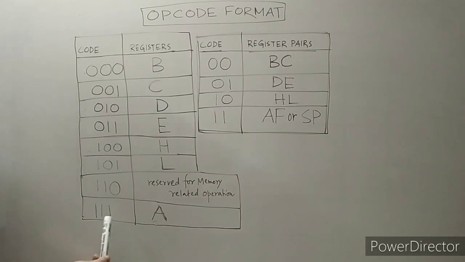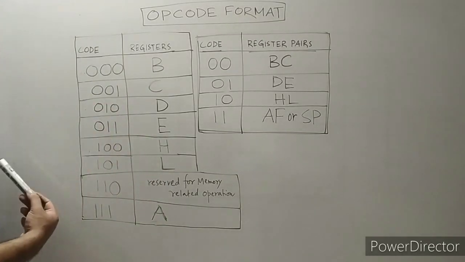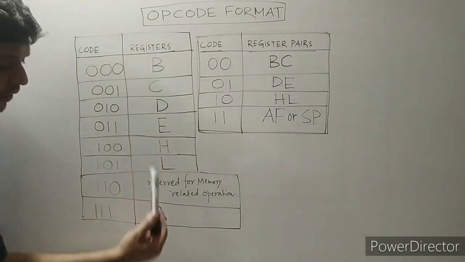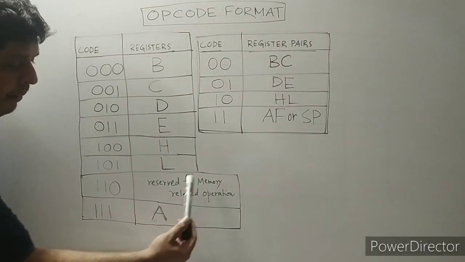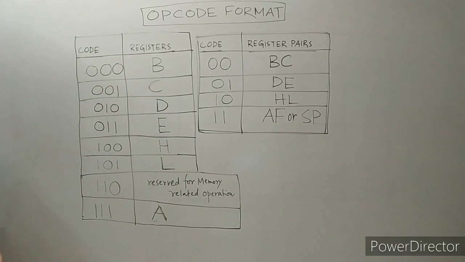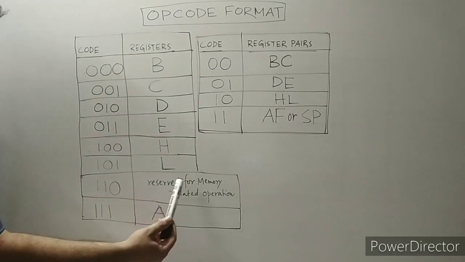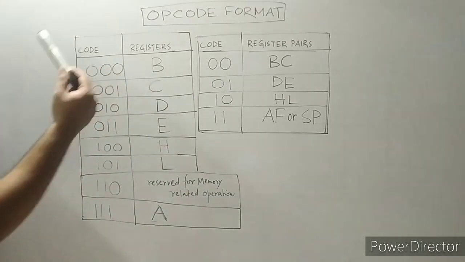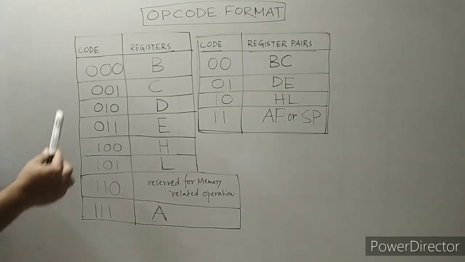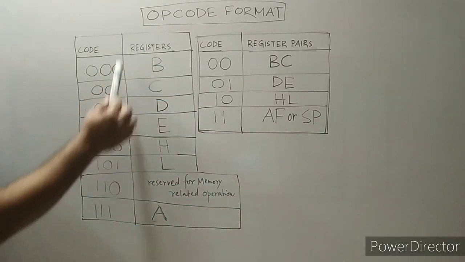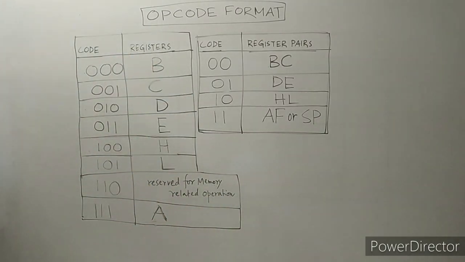For 111, the accumulator A will be chosen. And 110 is reserved for the memory related operation. So if the code is like this, then automatically these registers will be chosen.